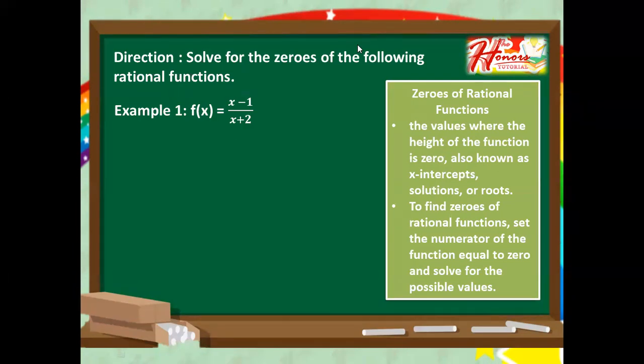So therefore, we will be proceeding with identifying the restrictions. But let me just first write the word solution here. This is the process that we have to do. Identify the restriction. We have to focus on our denominator, that is x + 2, and equate it to 0: x + 2 = 0.